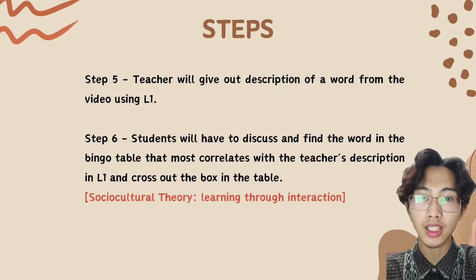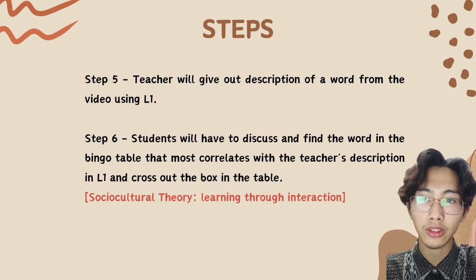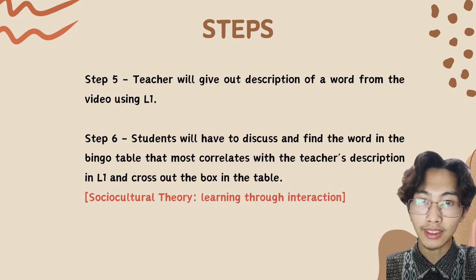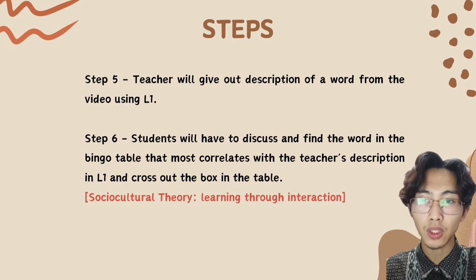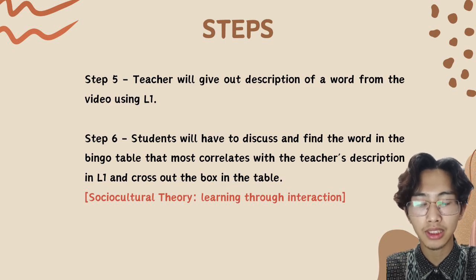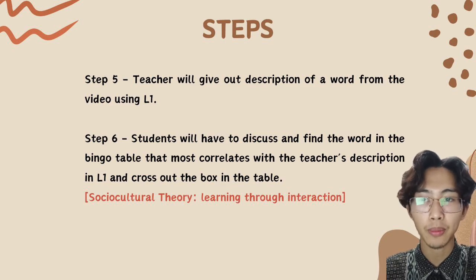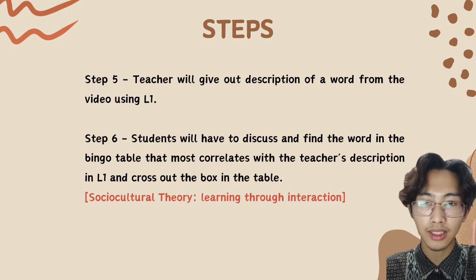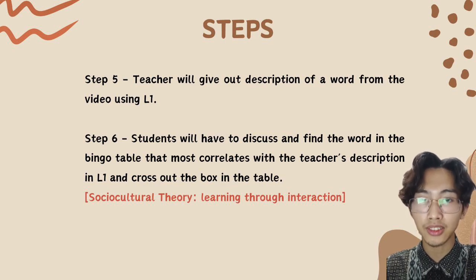Step 5, the teacher will give descriptions of a word from the video using L1. Step 6, students will discuss and find the word in the bingo table that most correlates with the teacher's description in L1 and cross out the box. This correlates with the socio-cultural theory, learning through interaction.